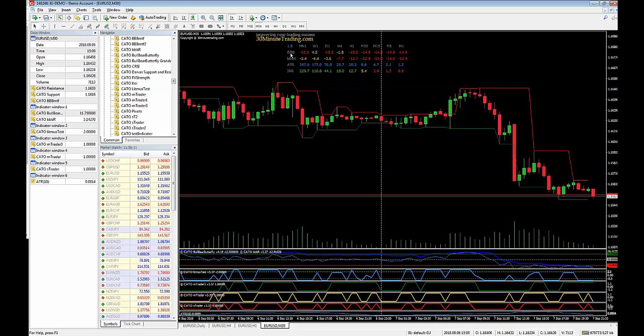The BBB is the bull bear butterfly line. That's the line down here in this window, and at any one time it reads a certain value. If it's above 9 it's very bullish, if it's below -9 it's very bearish, and if it's anywhere between 9 and -9 it tends to be ranging in a butterfly trend.